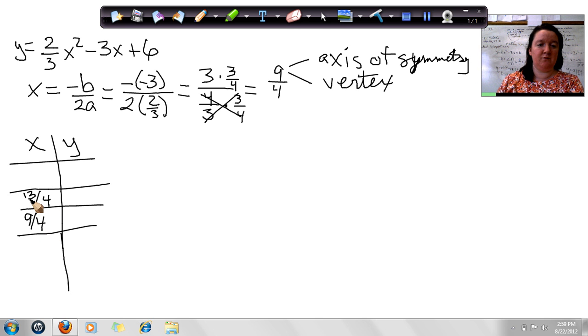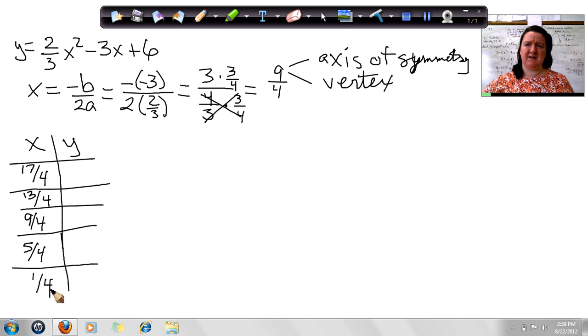If I add 1 to 13 over 4, it's going to give me 17 over 4. If I subtract 1, that's going to give me 5 over 4. If I subtract 1 more, it's going to give me 1/4. So let's calculate out what our value would be.